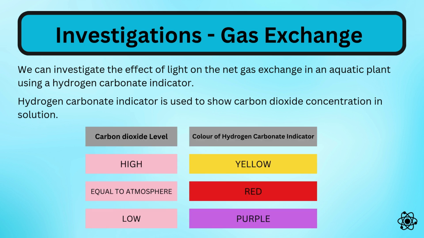The table shows the color that the indicator turns at different levels of carbon dioxide concentration. So, it turns yellow in high concentrations of carbon dioxide. The indicator turns red when it is in equilibrium with the carbon dioxide in the atmosphere, and it turns purple in low concentration of carbon dioxide.